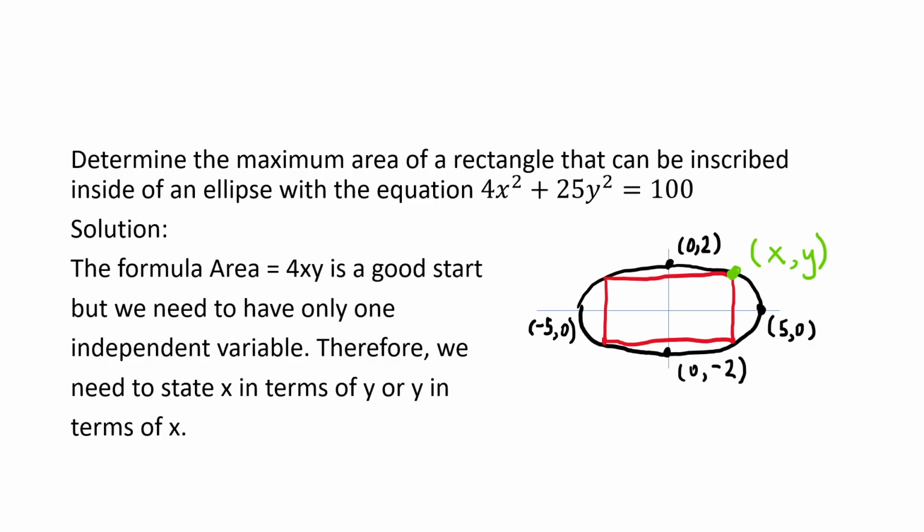Okay, now saying the area of the rectangle equals 4xy is a pretty good start, but we only want one independent variable. So we're going to have to state x in terms of y or y in terms of x. Well, fortunately for us, we have this equation right here. And it's going to be pretty easy for us to do either. So in this video, we'll state y in terms of x. We'll see that 25y squared is simply equal to 100 minus 4x squared.